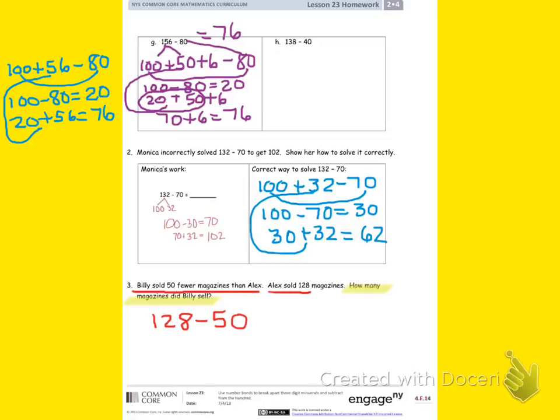Now that you have this math problem, you should be able to use the strategies we used on items G and H to solve this problem. Once you get the answer, you don't want to forget that you have to answer the question in a sentence. How many magazines did Billy sell? Billy sold blank magazines.